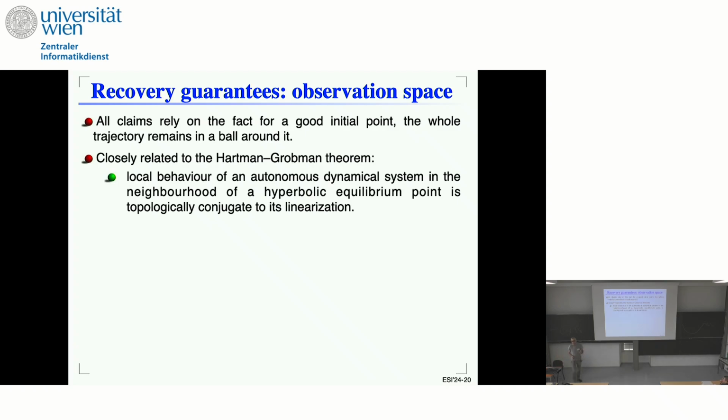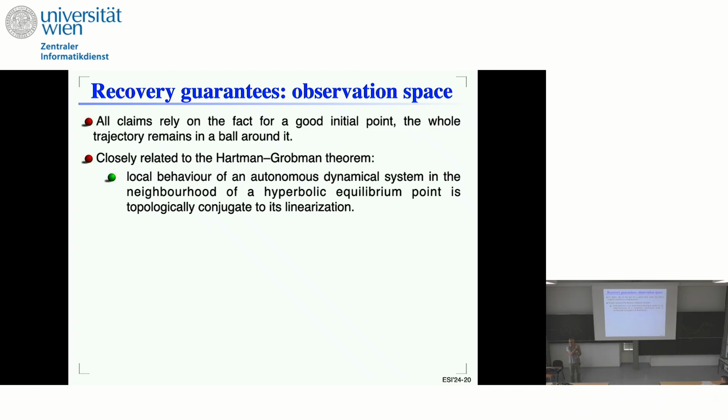But in fact, people who are familiar with dynamical systems will recognize here somehow a consequence of the Hartman-Grobman theorem. This theorem tells you that if you take an autonomous dynamical system, x dot equals minus gradient, and you are in the neighborhood of a hyperbolic equilibrium point, so hyperbolic means that it is an equilibrium point and the Jacobian of what drives the autonomous system has to be non-singular.